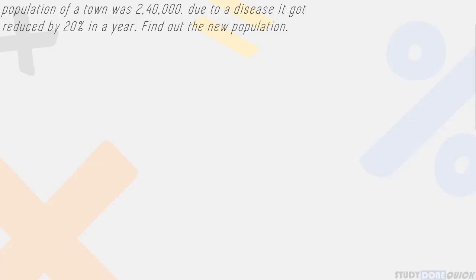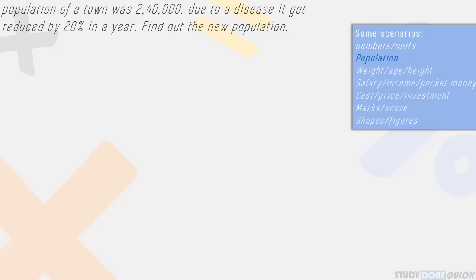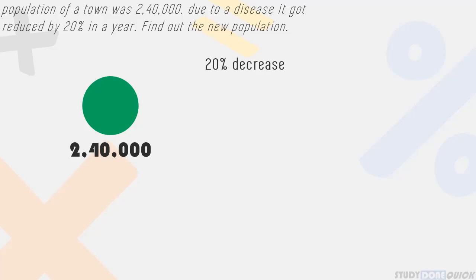Although short and simple, number related scenarios are a bit boring, so let's move on to some more interesting and bigger scenarios like population. So now in this, the population of a town was 240,000. Due to a disease, it got reduced by 20% in a year, and we have to find the new population.